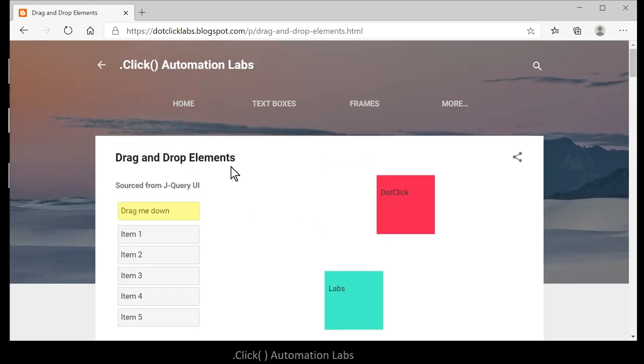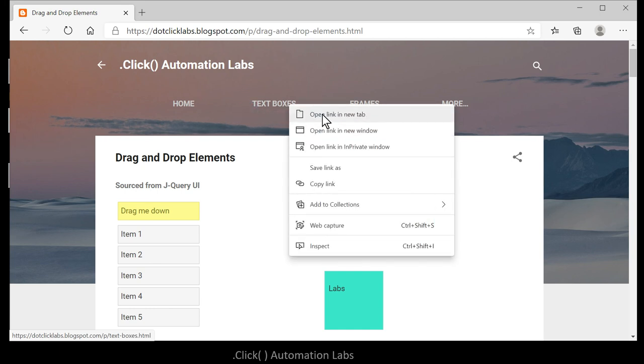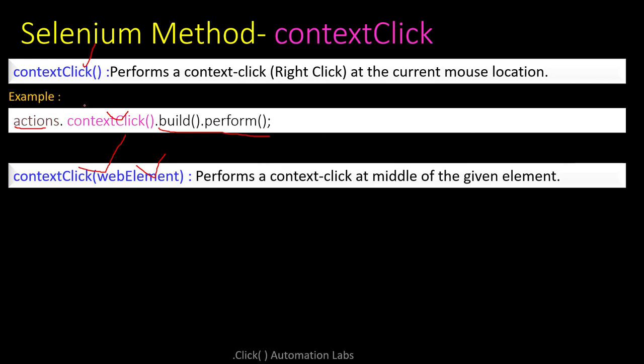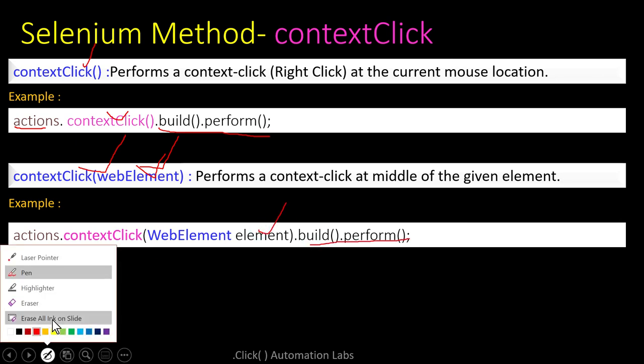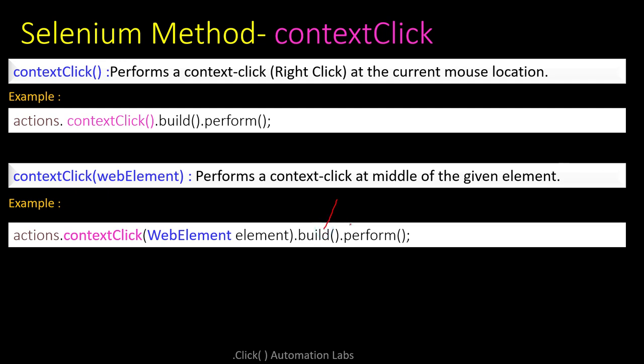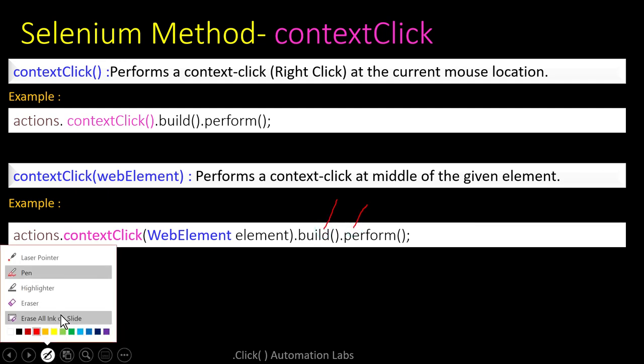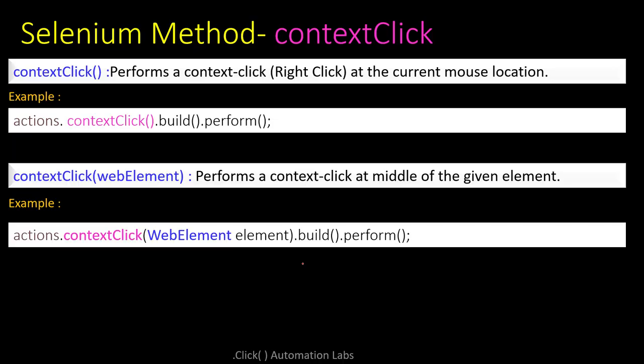So that is the difference between the two statements. An example is actions dot context click, passing that web element, and dot build dot perform, which is a very common statement. If you wanted to do any actions, you need to build first and then perform it.